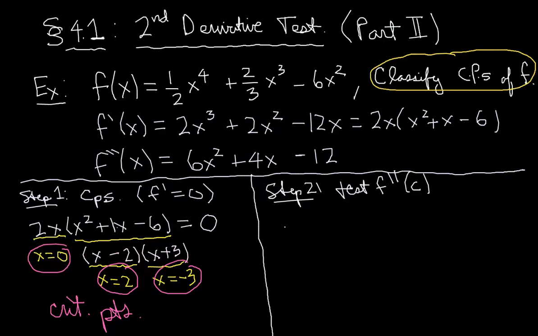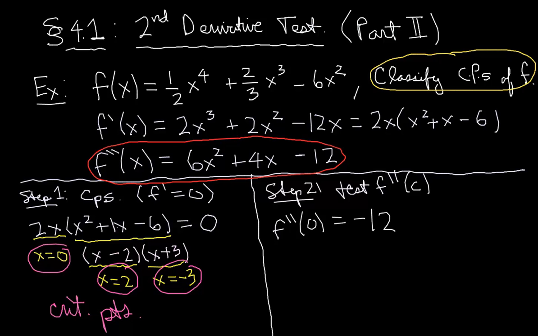And so we have three values here. What's f double prime of 0? Well, that's really easy. Here's f double prime. If we plug 0 in, the x squared term is going to go, the x term is going to go, and we just have negative 12. Then you go to x equals 2.